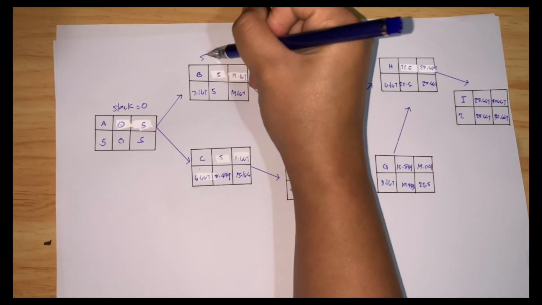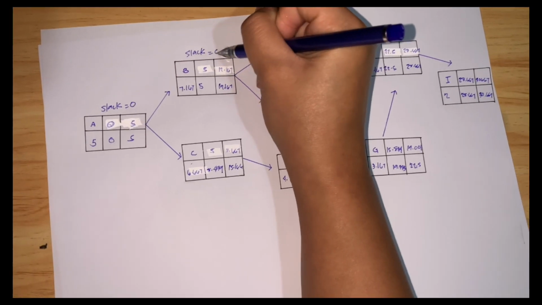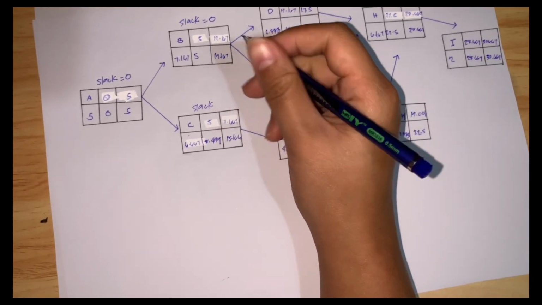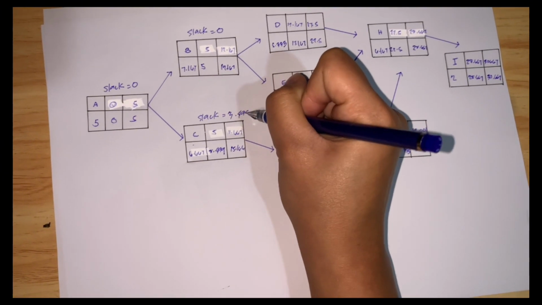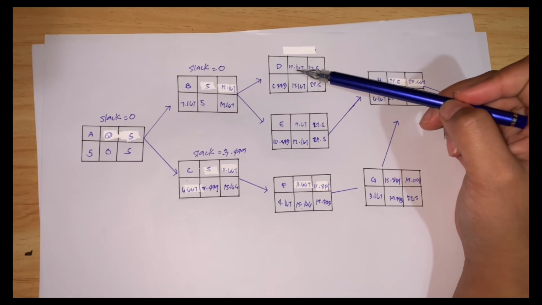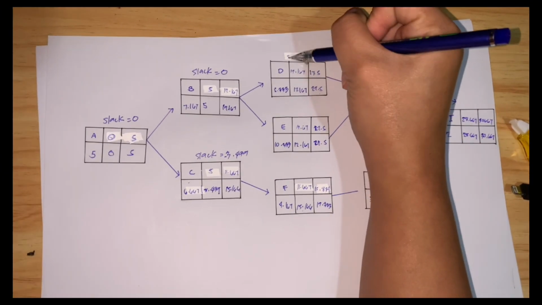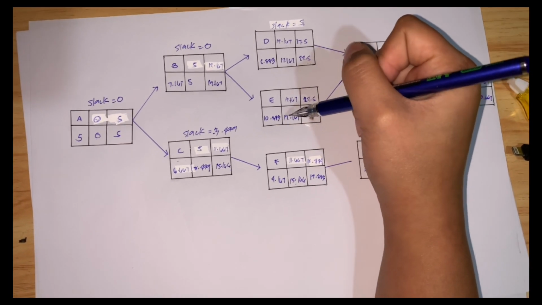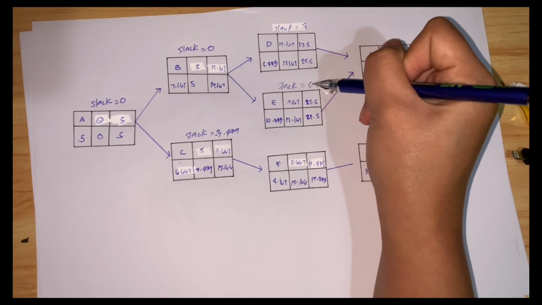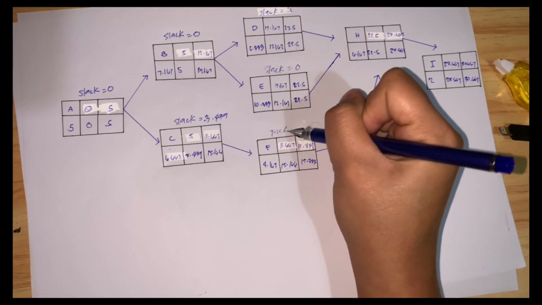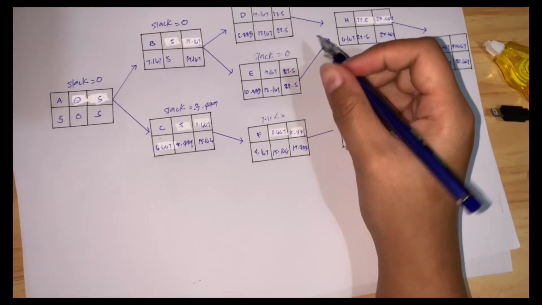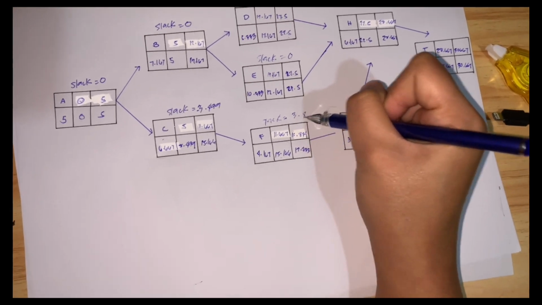And for B, 5 minus 5 is equal to 0. And for C, 5 minus 8.499 is equal to 3.499 negative. And for D, 12.167 minus 17.167 is equal to 5. And E is 12.167 minus 12.167, so its slack is equal to 0. And for F, slack is 11.667 minus 15.167, equal to 3.499 negative.